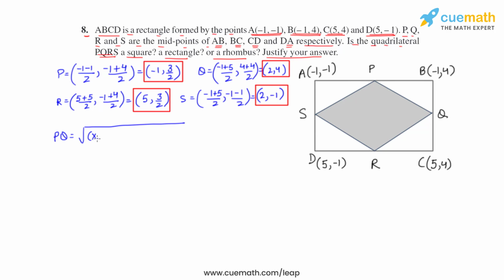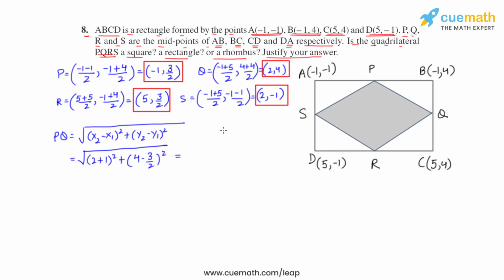It will be the square root of (x2 minus x1) whole square plus (y2 minus y1) whole square. So for P and Q, that is (2 minus -1), that is (2 plus 1) whole square plus (4 minus 3/2) whole square.